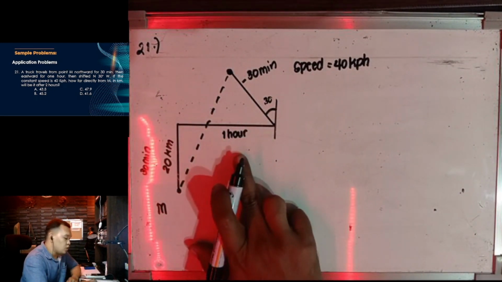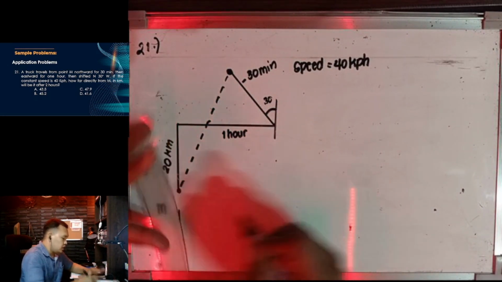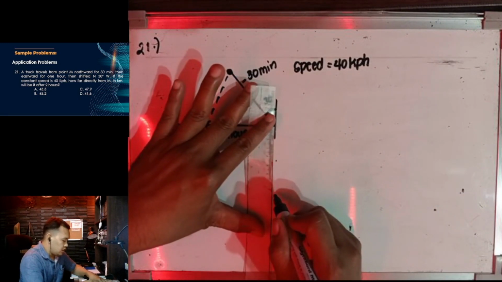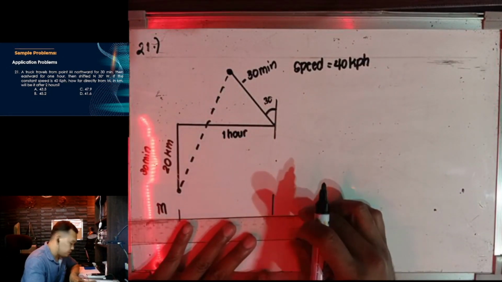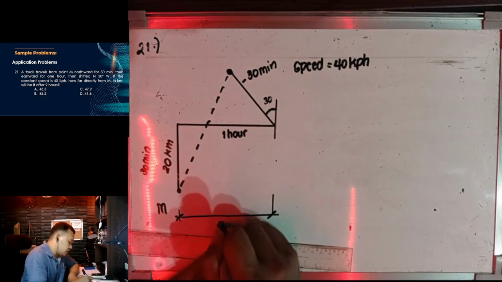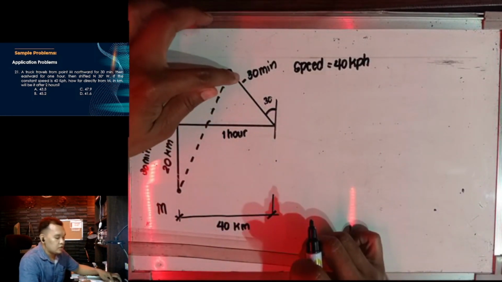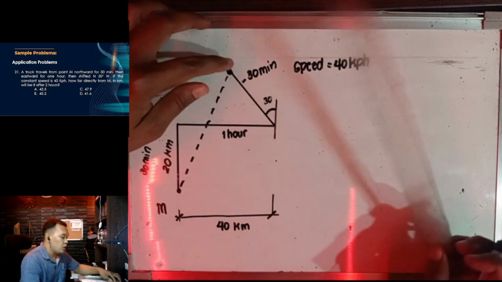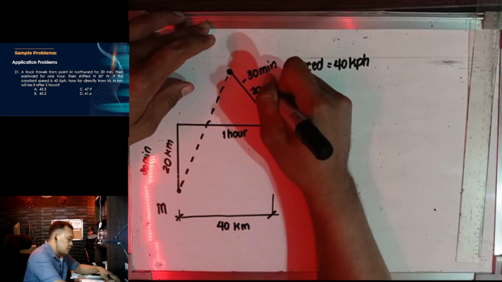Then, kung 1 hour to, malamang ito ay yung distance na to is 40 kilometers. Ito ay 40 kilometers. Then, kung 30 minutes, so lalabas, itong tinakbo niya is 20 kilometers.